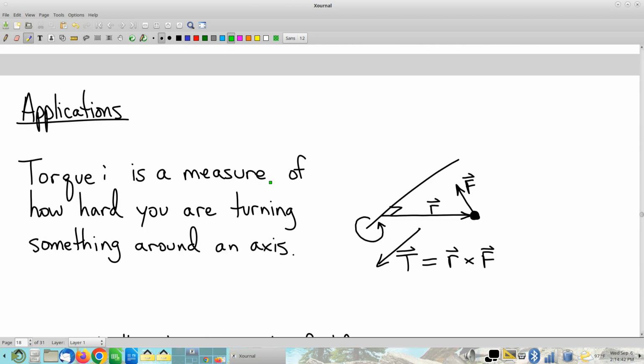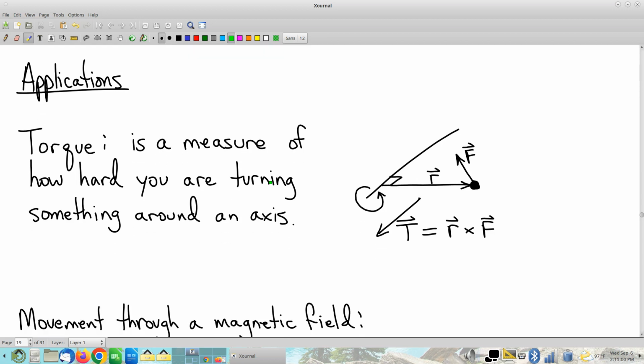Real quick reference to some applications. I don't want to get off into physics, but I do want y'all to know that there are applications out there. A lot of people mistakenly think of the cross product as something mathematicians made up for no particular reason, but it comes up really naturally in physics. Torque is a measure of how hard you're turning something.